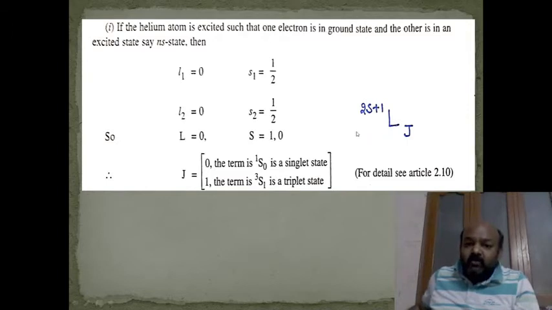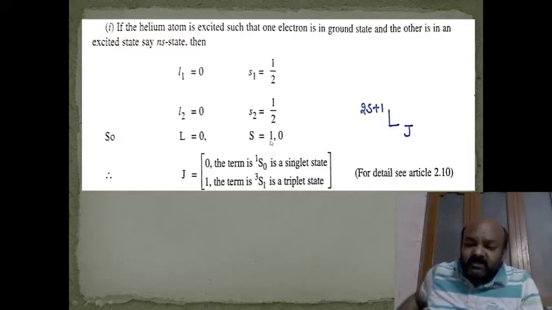So when we come to the state 2S plus 1, for S equal to 1, it will be 3, and L is 0. L equal to 0 corresponds to S notation, and for the capital J value, when we consider S equal to 1 and L equal to 0, 0 plus 1 is 1.